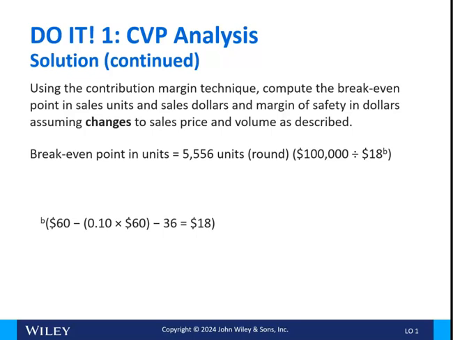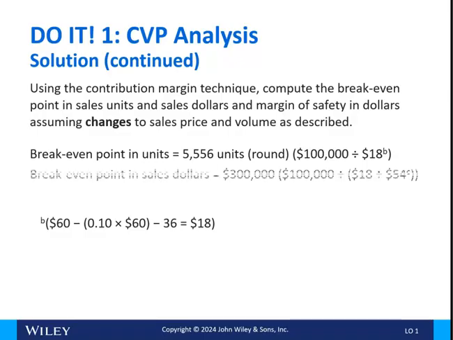So we recalculate that. So the $60 existing sales price minus 10% of that, or $6, minus $36 of variable costs, which doesn't change, gives us $18 per unit contribution margin. So 5,556 units is our break-even point in units.